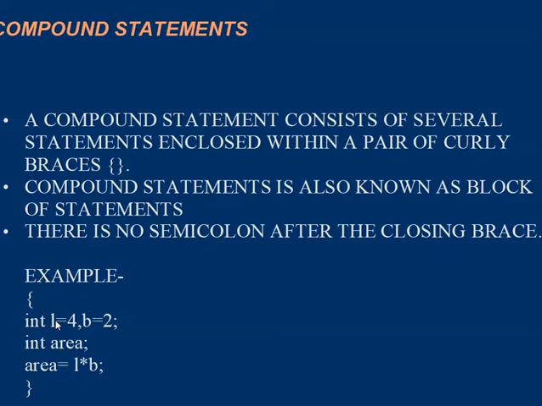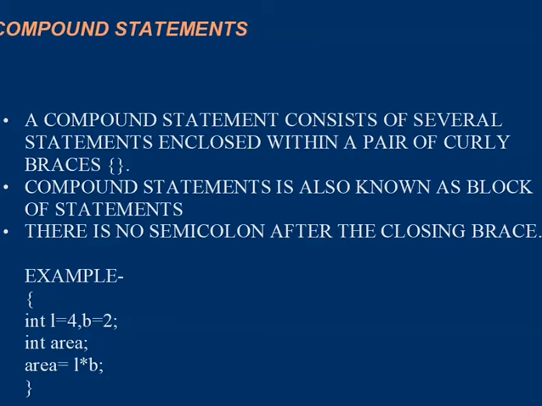That is int l = 4, b = 2; int area = l * b. Here we have declared two variables, that is l and b of int type, and initialized some value to them. That is, l is initialized with value 4 and b is initialized with value 2.